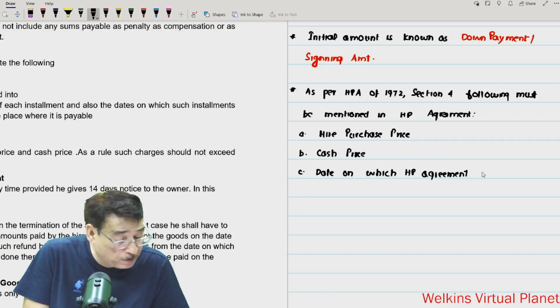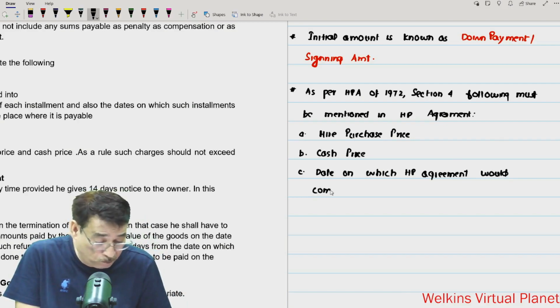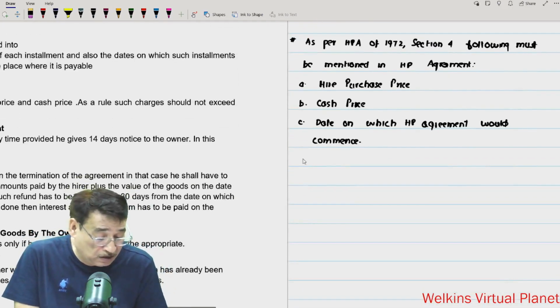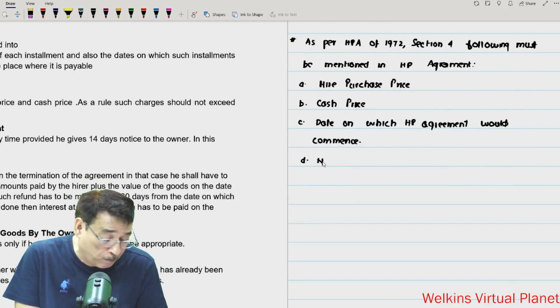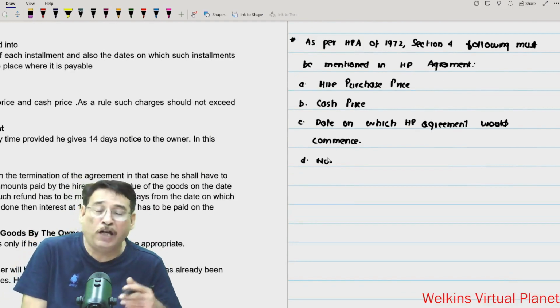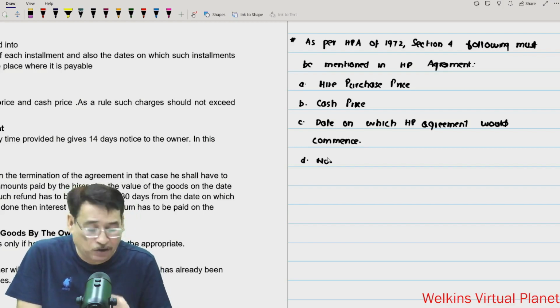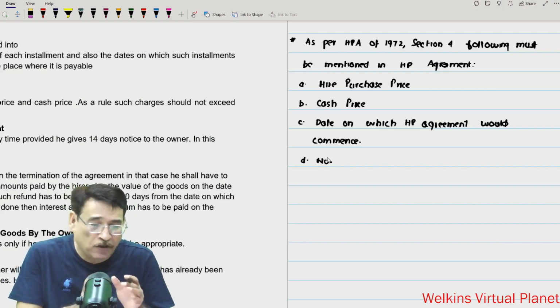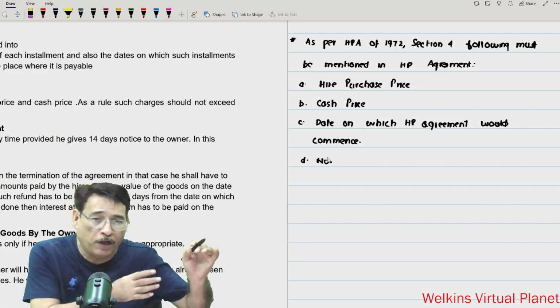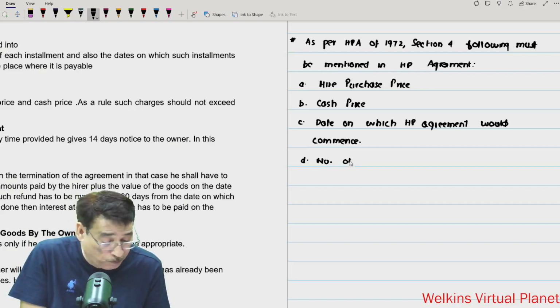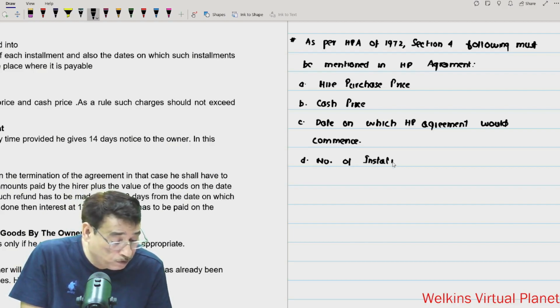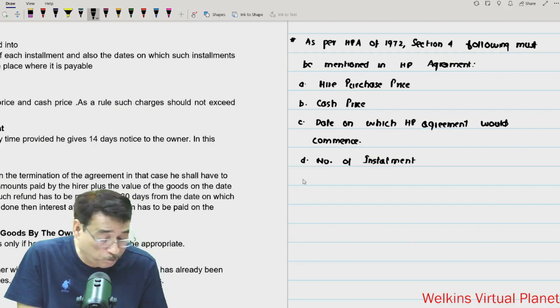Then he should also mention the number of installments, because the balance amount, as I told you, will have to be paid by the purchaser in installments. So the agreement must contain the total number of installments the buyer is supposed to pay, and also the amount of each installment.